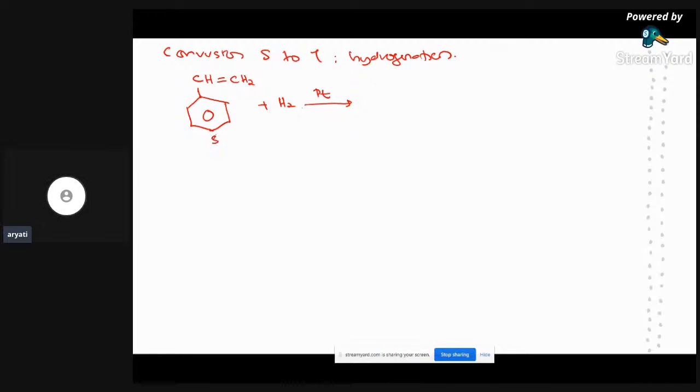So this is the structure for S. Jadi CH2 CH3. So this is the structure for T.